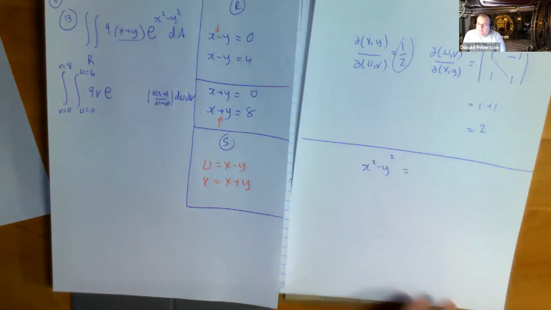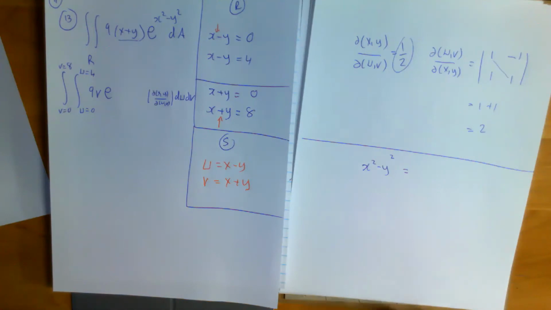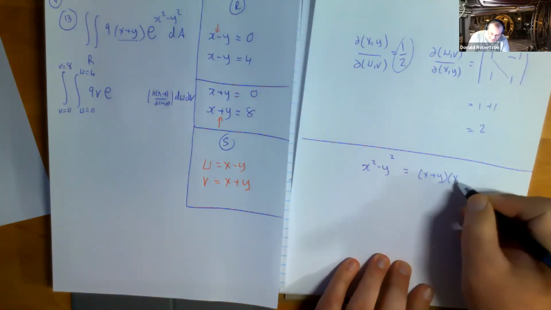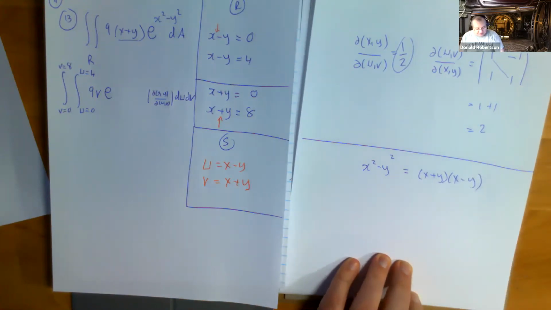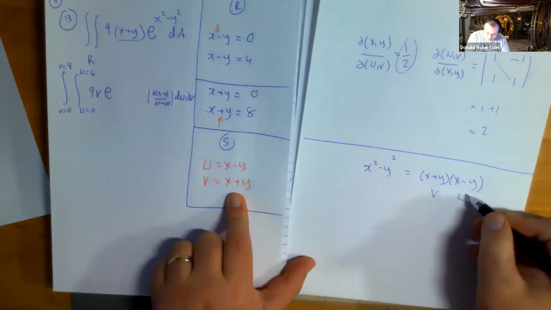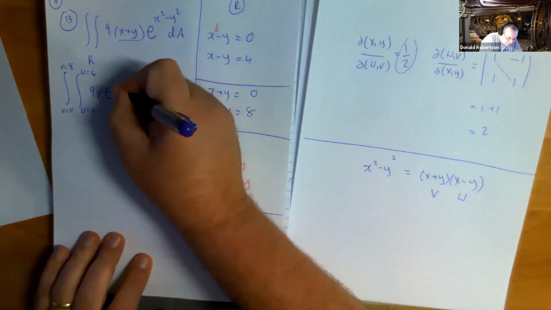Does anybody recognize a different way of writing that might help us? Wouldn't it just be uv? Correct. And the reason you've noticed that is that it can be written down as a difference of two squares, and isn't one of them the v and the other's u, so you're right, uv.